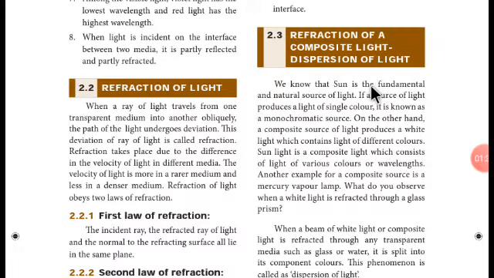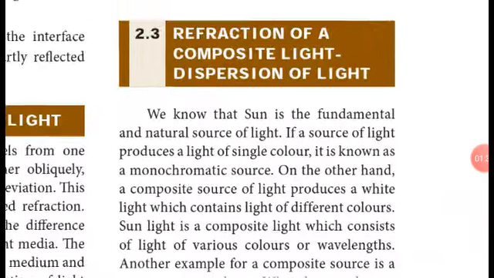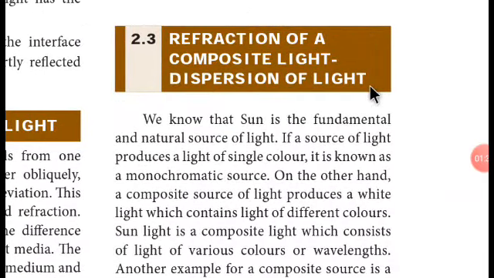Coming to 2.3, in a short manner, today's class: we know light is a form of energy, and it is also represented in the form of waves. When we are talking about waves, they have wavelength, amplitude, pitch, time taken, crest, trough, everything.